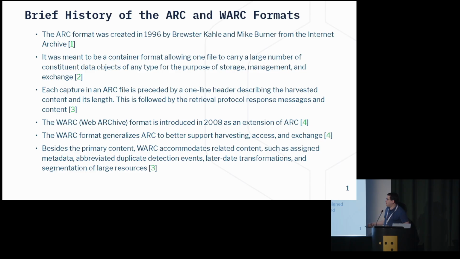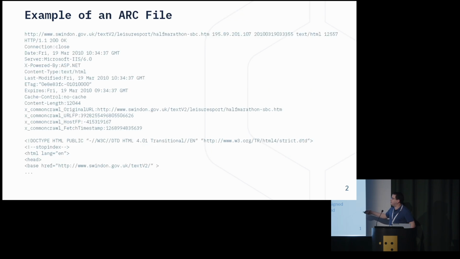And it generalizes a little bit better, but most importantly, as we're going to see, it allows us to accommodate more annotations and metadata that we put in the header, which give us a little more information about what is contained in the files. So here is an example of an ARC file.